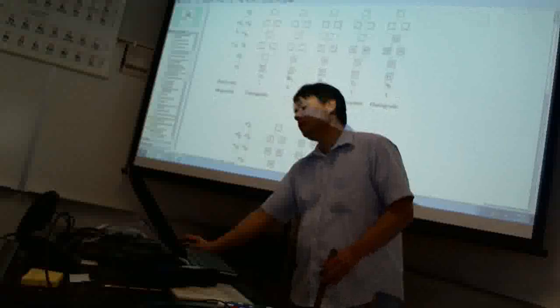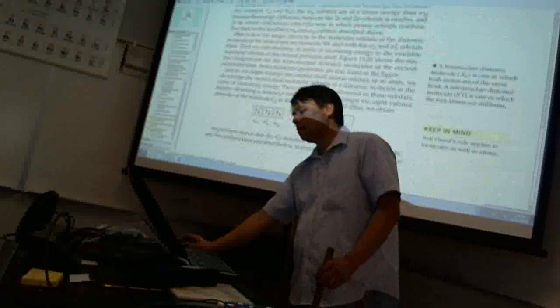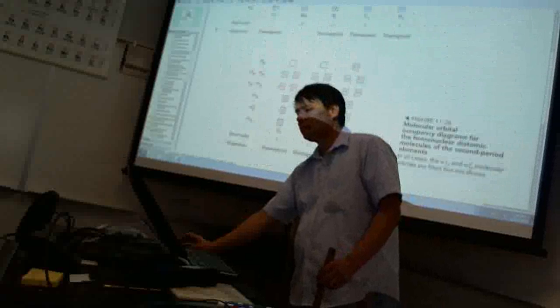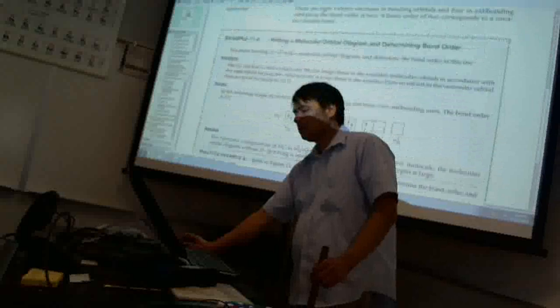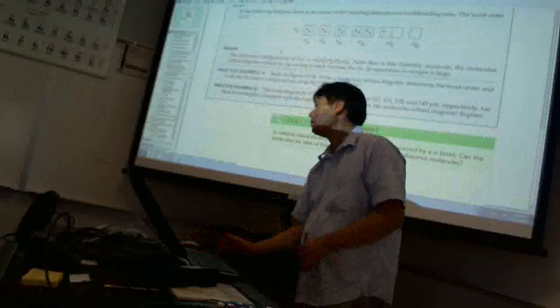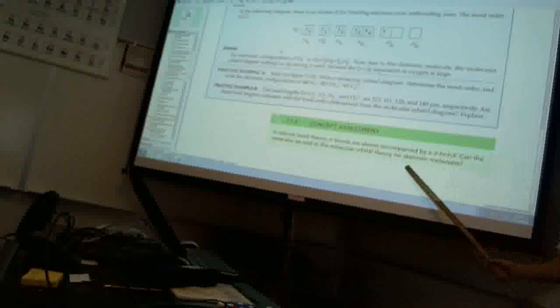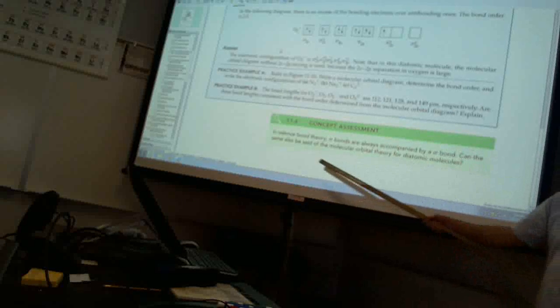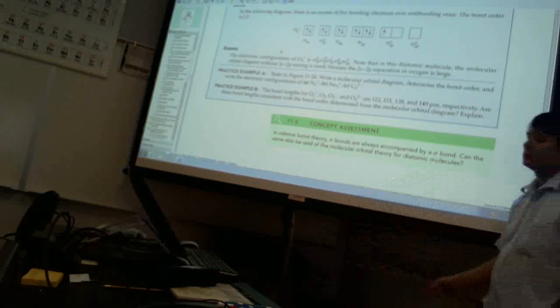B2's got a weird bond though. Let's look at the B2. In valence bond theory, pi bonds are always accompanied by a sigma bond. Can the same also be said of molecular orbital theory for diatomic molecules?